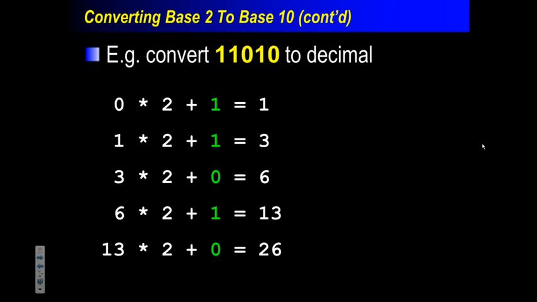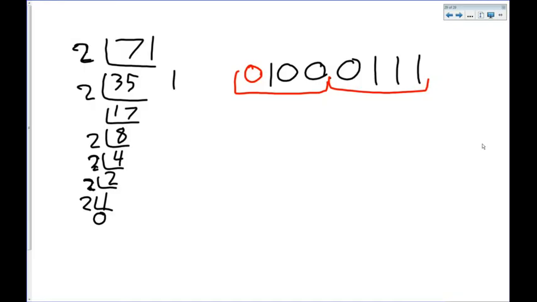Okay? So let's flip this back to what you guys did. So there's your number. If I take this number, 1000111, and I apply the same formula, I start with a value of 0, I multiply it by 2, and I add 1.